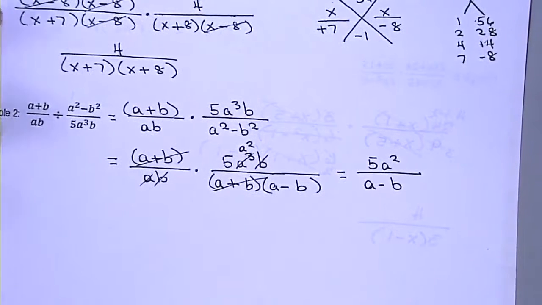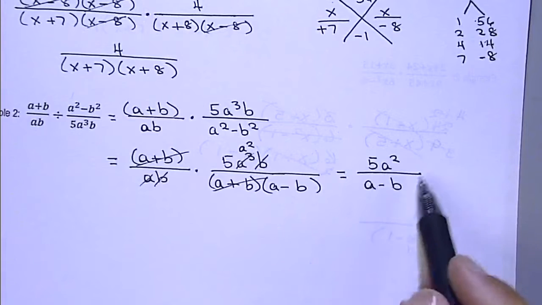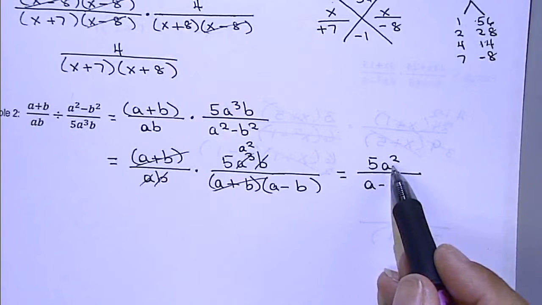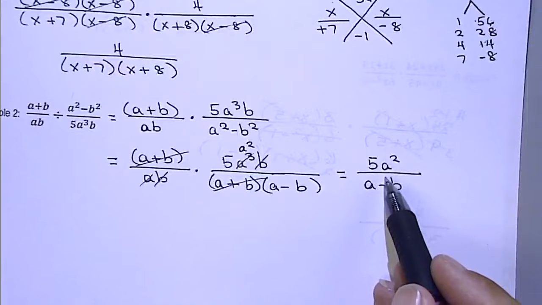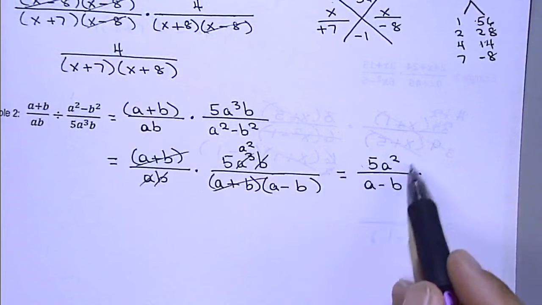Now, tell me why I can't reduce the a's. Well, exponent, but that's not why they don't reduce. Why does this a not reduce with that a squared? Okay, I think you guys know the answer. You just maybe don't know the words to explain it, but that was close. This is multiplication.